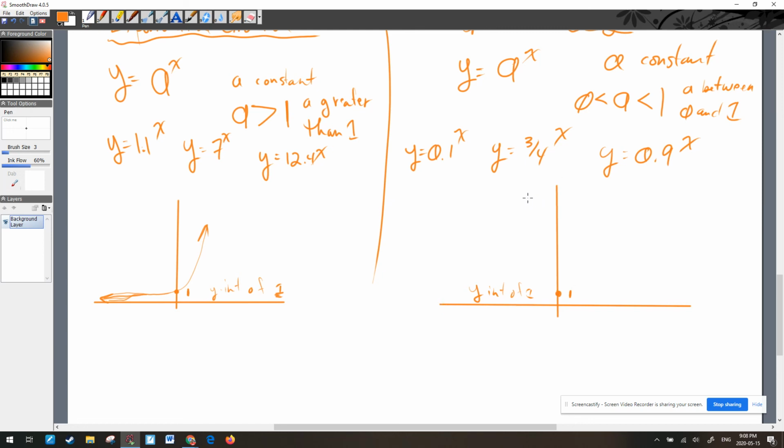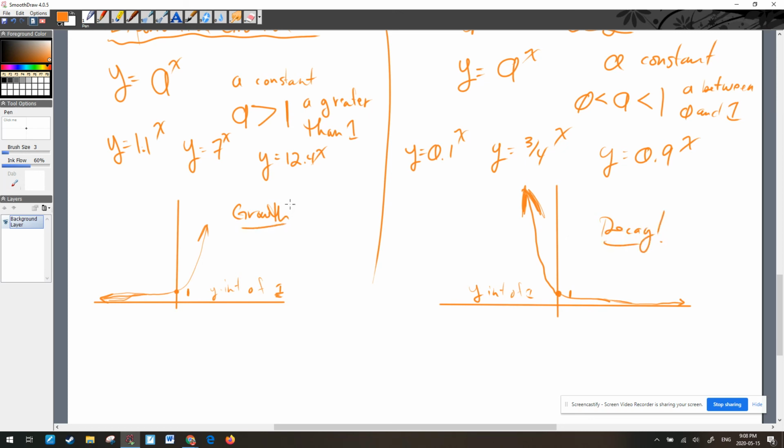In fact, it's exactly backwards. So it books off to infinity over here, right? So it gets big over here. And then on this side, it comes down, zooming in to the axis over here. Okay, so this is growth, and this, well, this is decay.